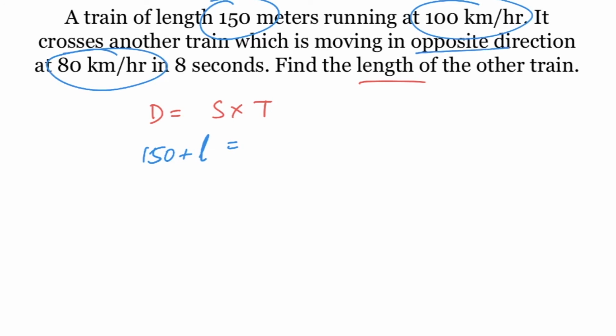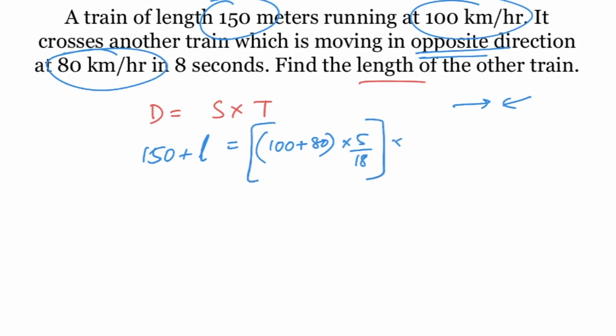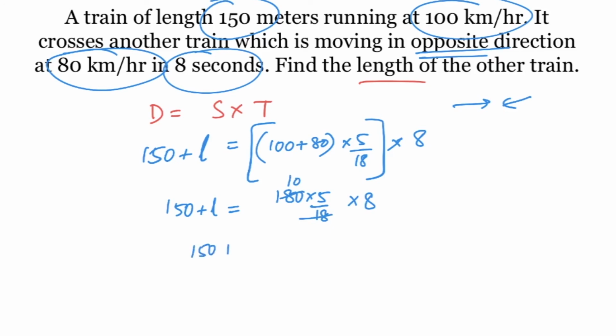Here both the trains are moving in opposite directions, that's why add 100 plus 80. As speeds are in kmph, multiply with 5 by 18. This is speed into time period, 8 seconds. 150 plus L is equal to 180 into 5 by 18 into 8. 18 10 times. 150 plus L is equal to 10 into 5, 50 into 8, 400. So length of the second train is 250 meters.